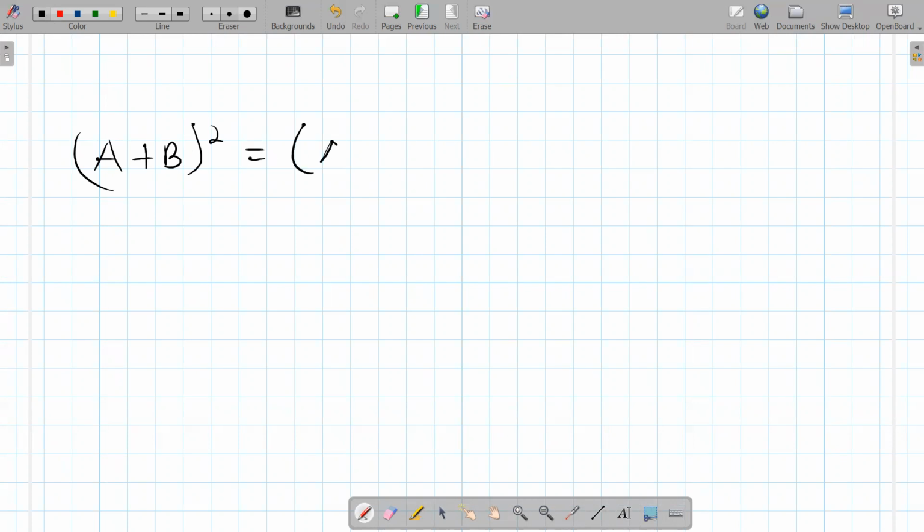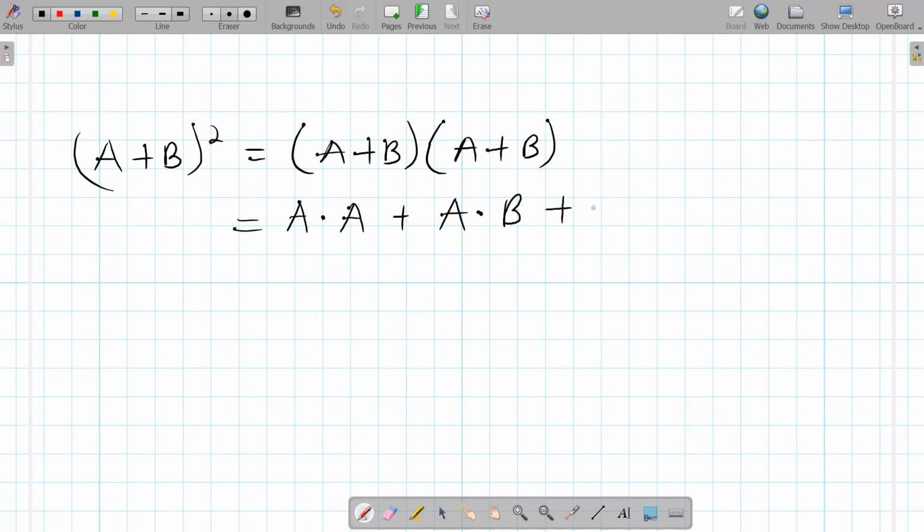This is what we had, A plus B, A plus B. Just like we did before, A times A, we have A times B, we have B times A, and then we have B times B. Do that, this is going to give you A squared plus AB plus AB.